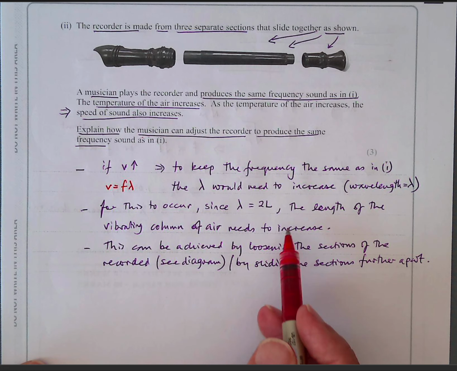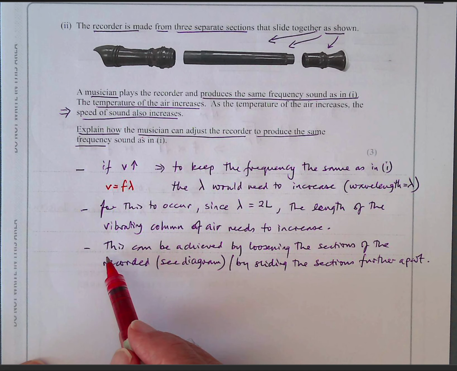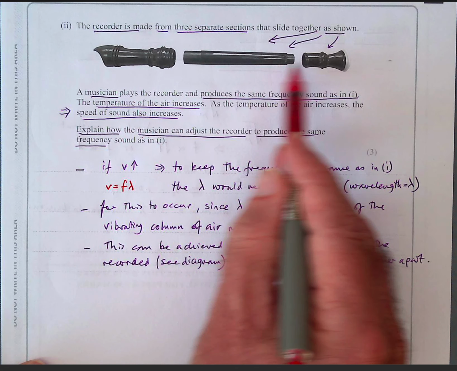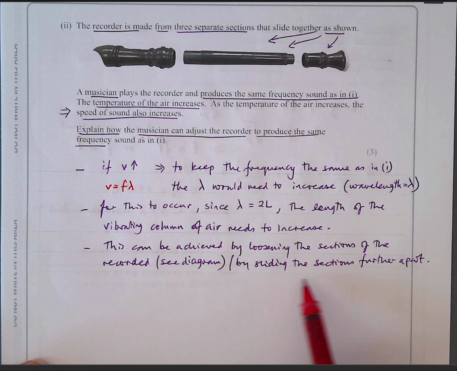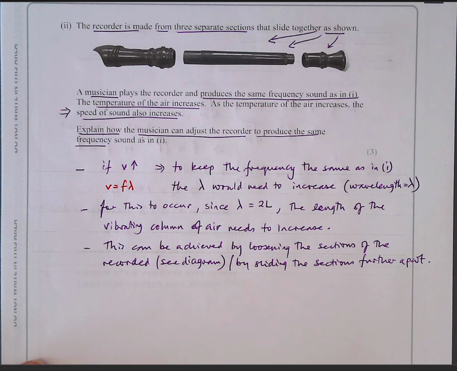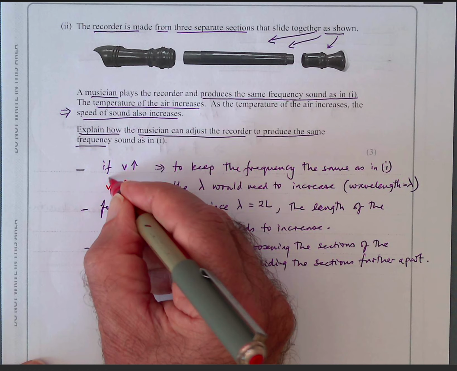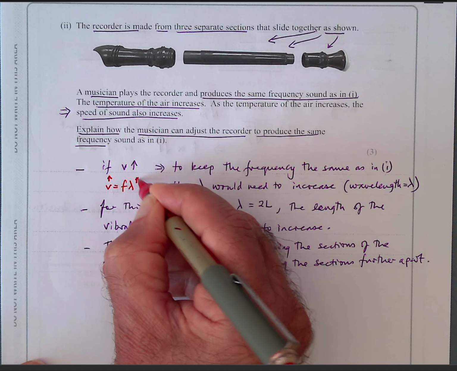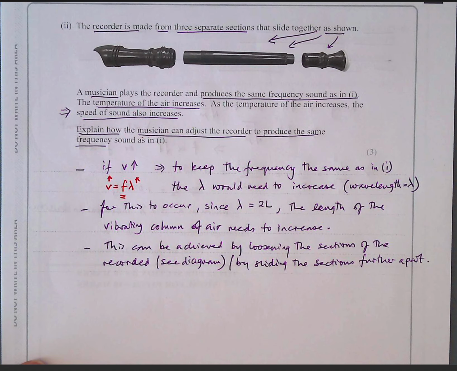This can be achieved by loosening the sections and sliding them further apart to make them longer. So if you make the length longer, the wavelength becomes longer. V goes up, we increase the wavelength, so the frequency can stay the same.